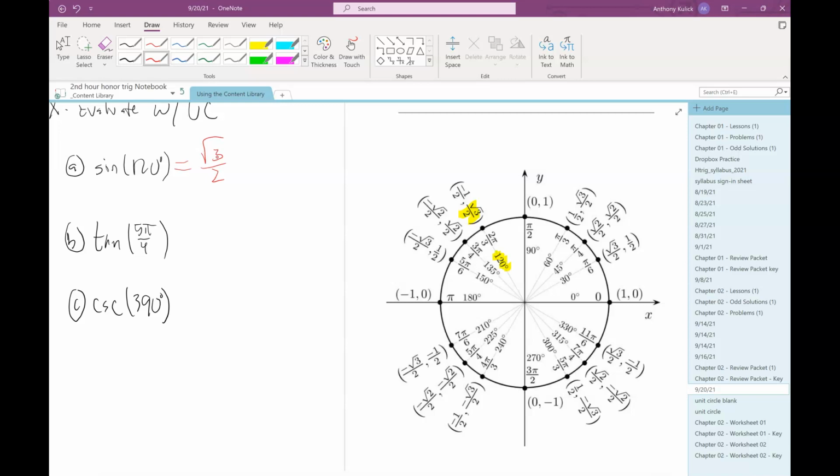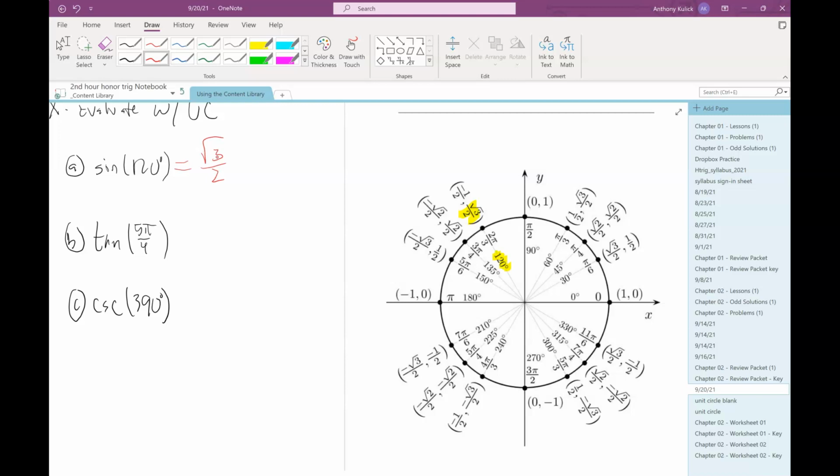I just went straight to my unit circle, which all it is is compressing all that work into a set of answers, right? Instead of having to draw the reference triangle and fill in the values and do the 30, 60, 90 triangle, I can just skip all of that work and pull the value from the unit circle, because we did it once to fill out the unit circle, so we don't have to do it over and over and over again.